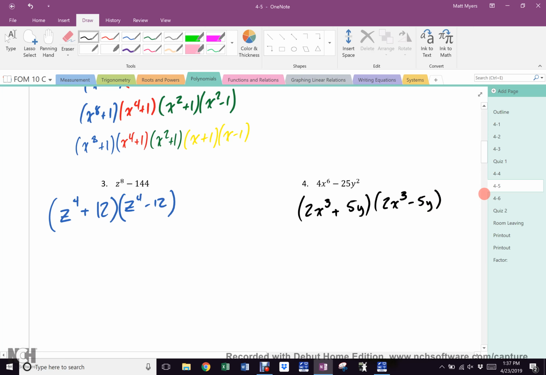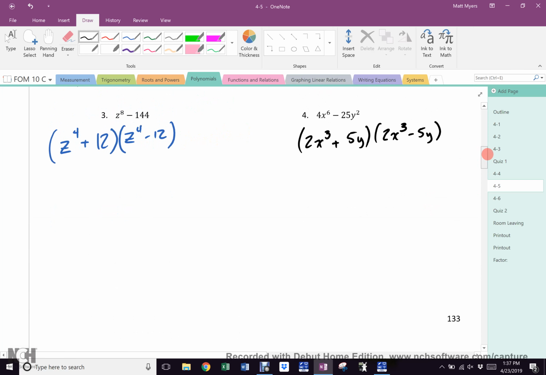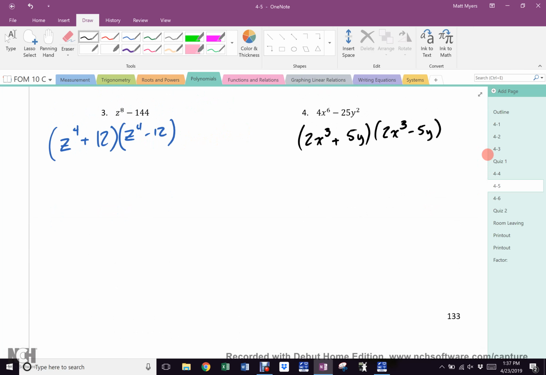Except, why have I left that much white space if that's all there is to it? There's weird things I can do to the question. Does that change what you do? No. For example, what if I gave you this? What would you do, Sajid? You would divide by 3?